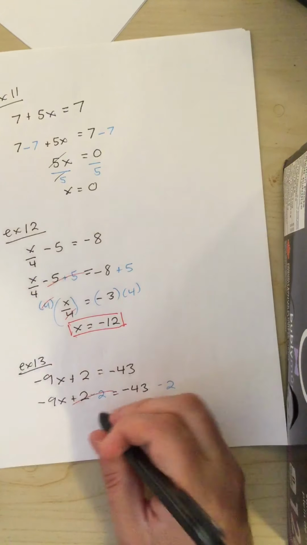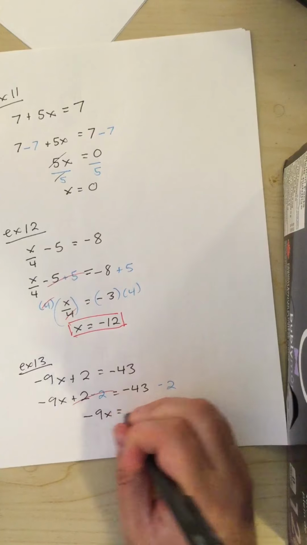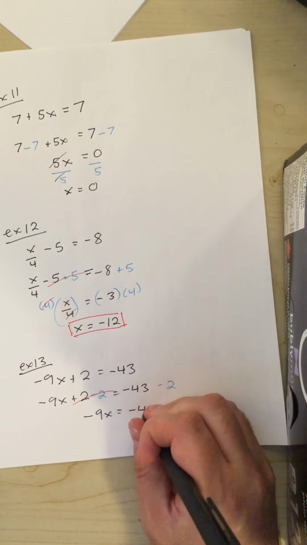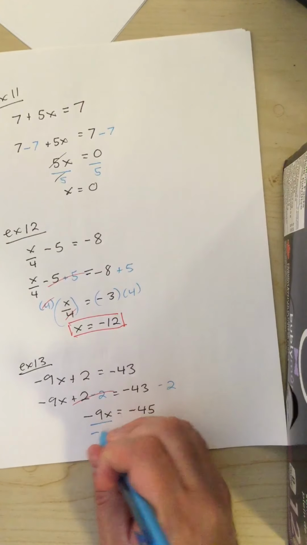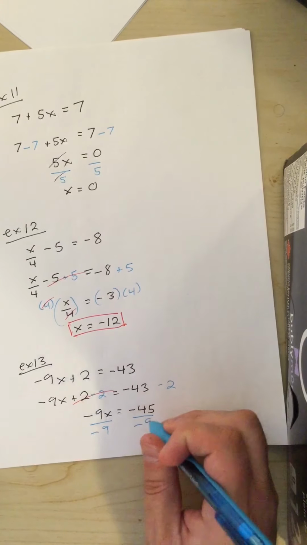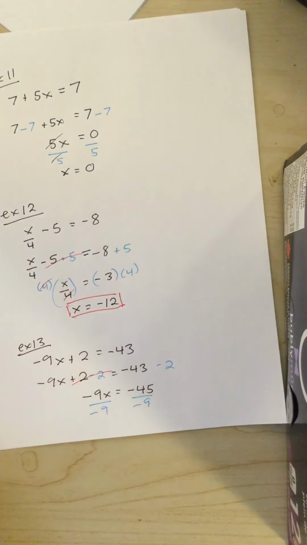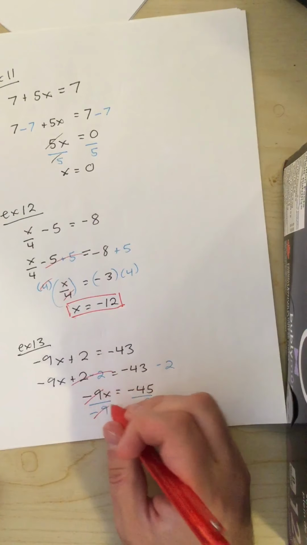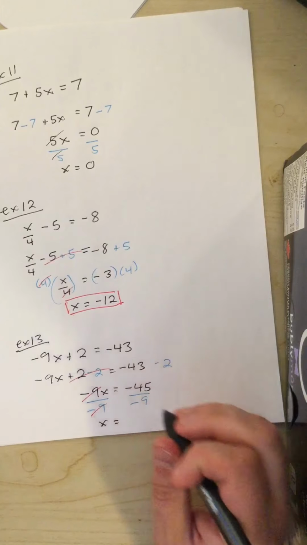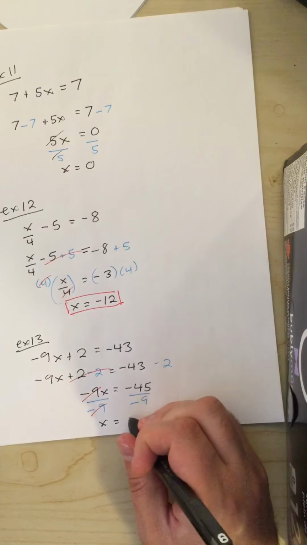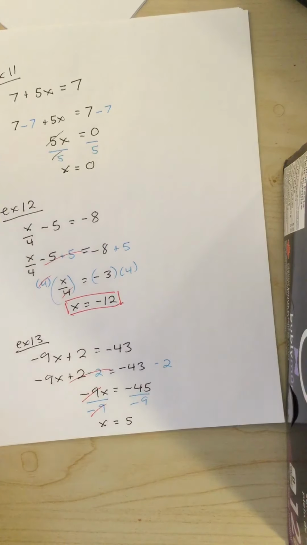These go away. Minus 9x is minus 43 minus another 2, which is minus 45. There's a negative in front. We're going to divide both sides by negative 9. The negative 9 and the negative 9 cancel each other, and we're left with x equals, and a negative 45 divided by negative 9 is positive 5.